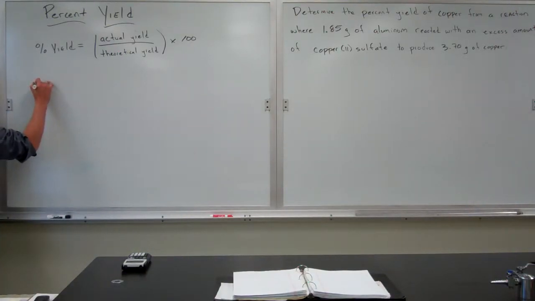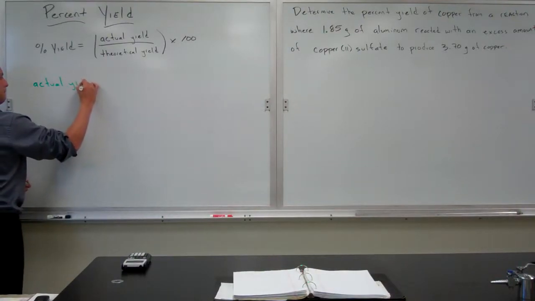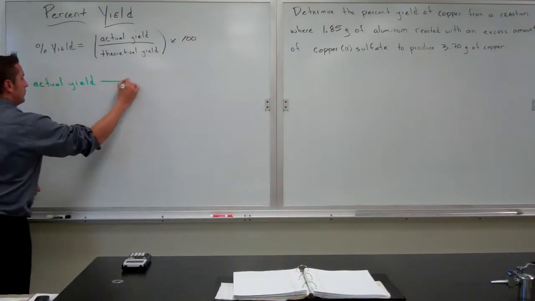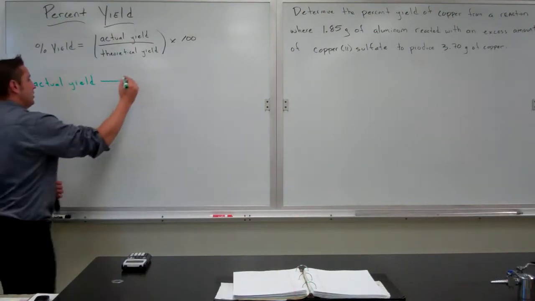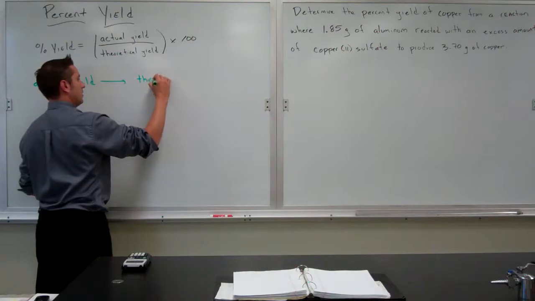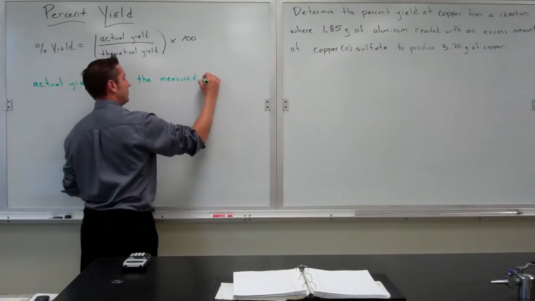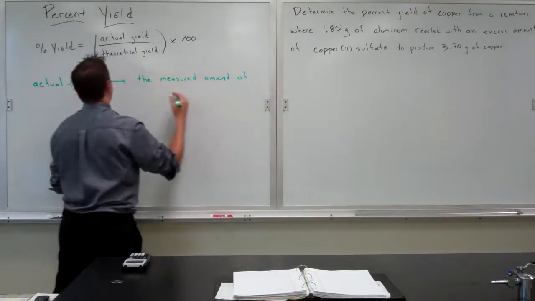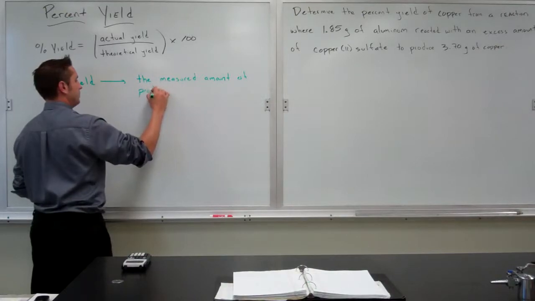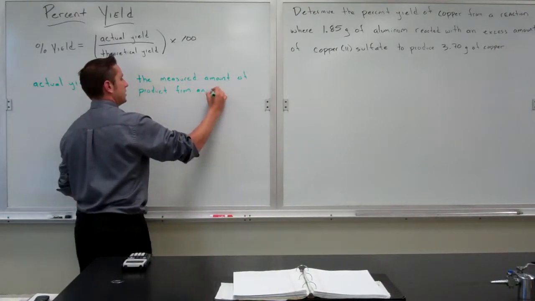The actual yield can be described as the measured amount of product from an experiment.